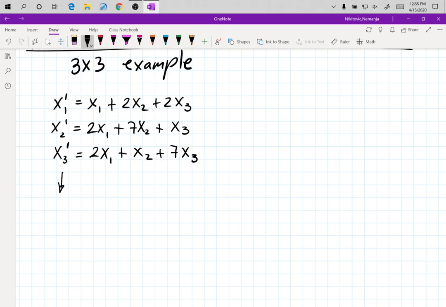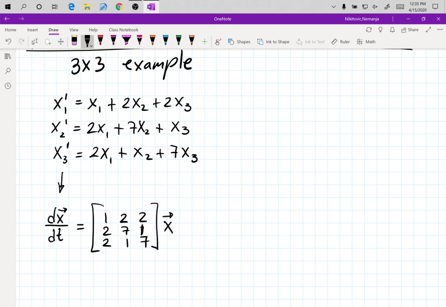All right. So this is our derivative. Our matrix A of coefficients is 1, 2, 2, 2, 7, 1, 2, 1, 7, times the vector x, which is x1, x2, x3.